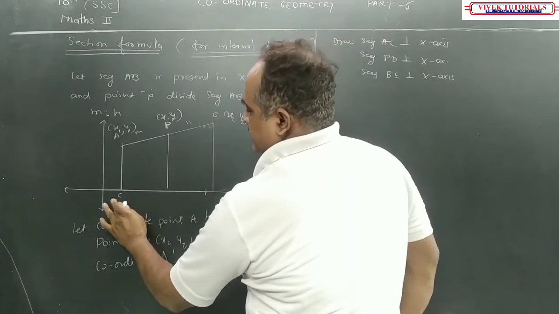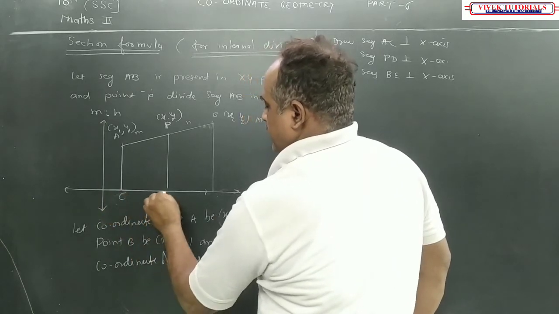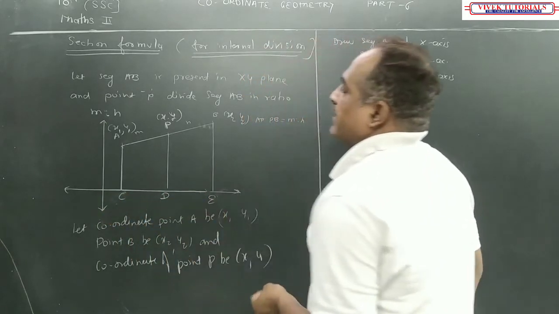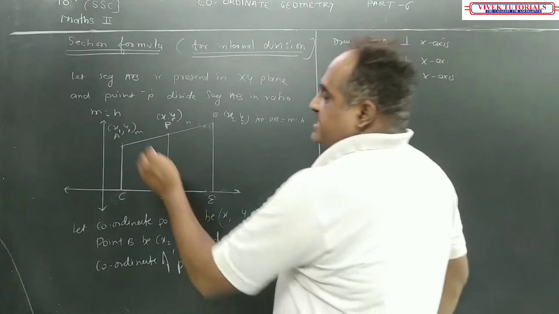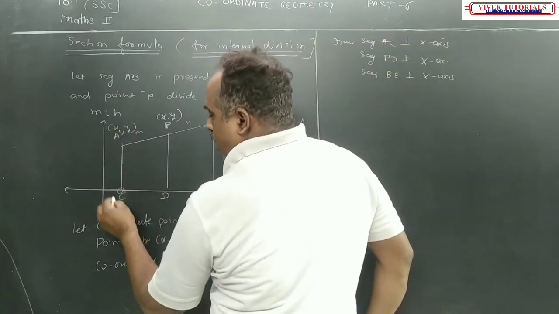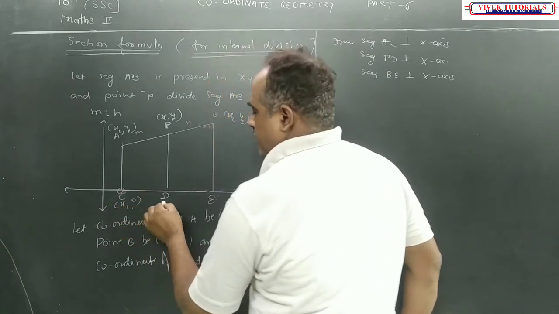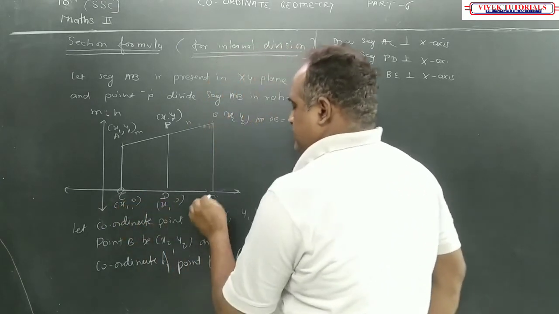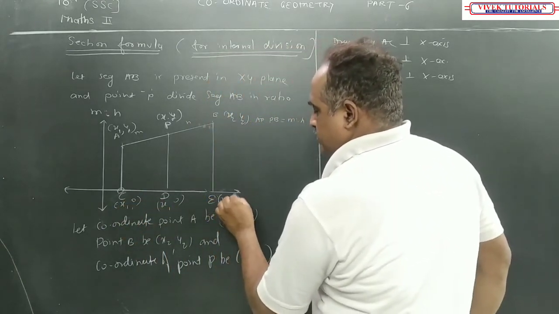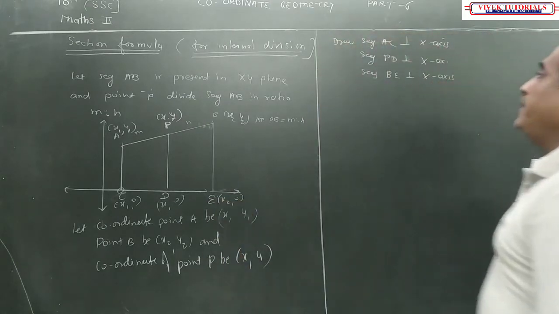So this will be C, D and E. When it is x1, the coordinates of the foot will be x1 comma 0, this will be x comma 0, this will be x2 comma 0.